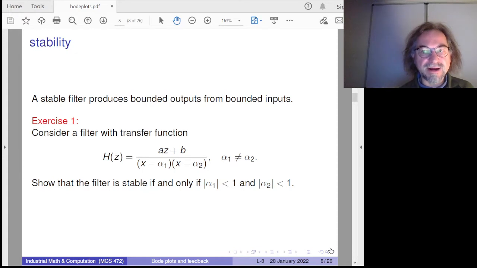The partial fraction decomposition will write the transfer function as the sum of two fractions, separating out the two roots of the denominator. Instead of having a quadratic denominator, you will have a linear denominator. And that will allow you to write down what the signals are.